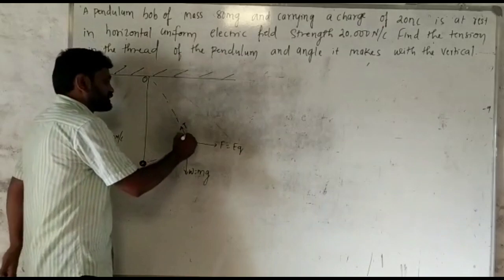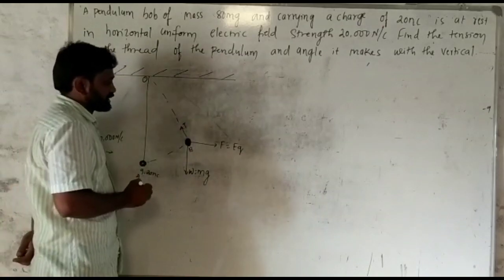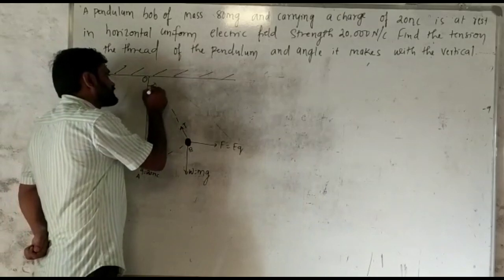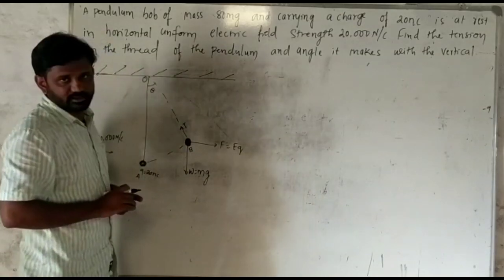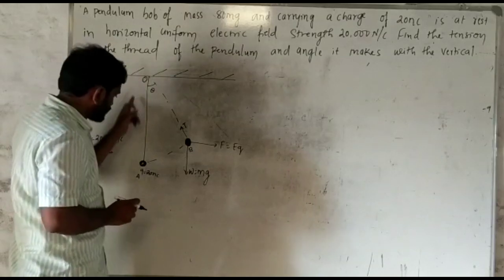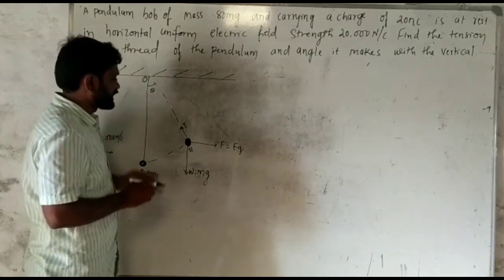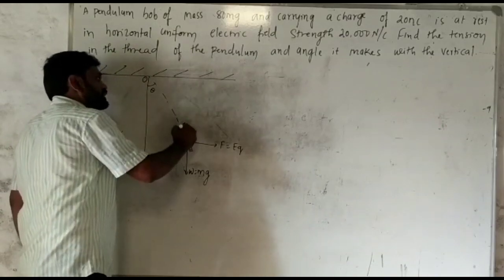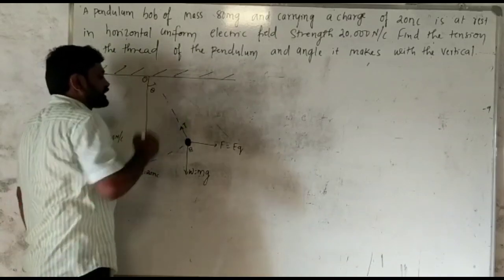Let theta be the angle the thread makes with the vertical. The tension in the thread is acting at some angle theta.